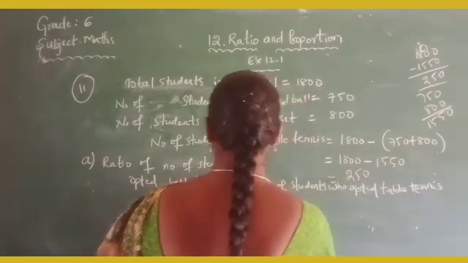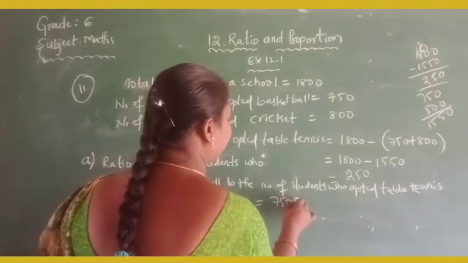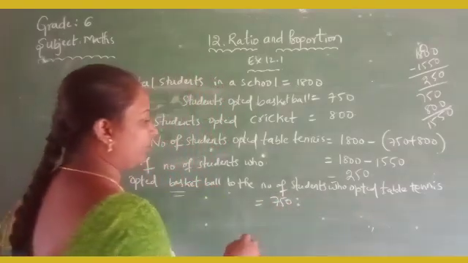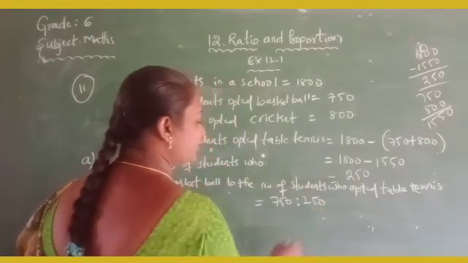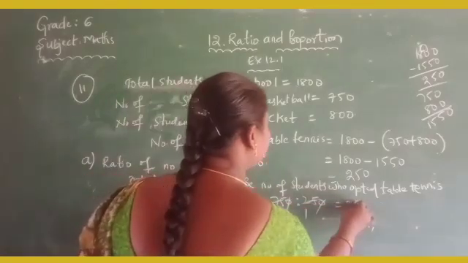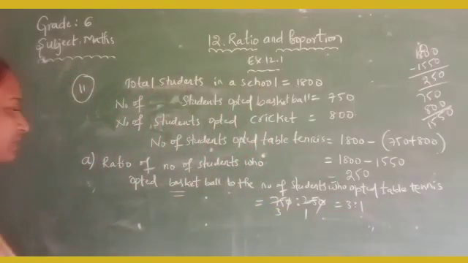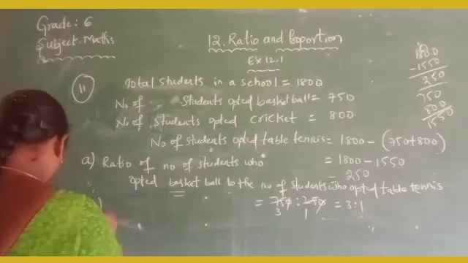The strength of basketball is 750 and table tennis is 250. Now simplify: cancel the zeros, 25 ones are 25, 25 threes are 75. So the ratio of basketball to table tennis is 3:1.